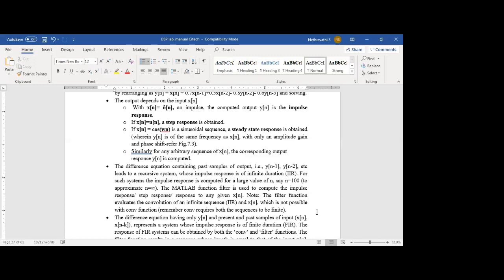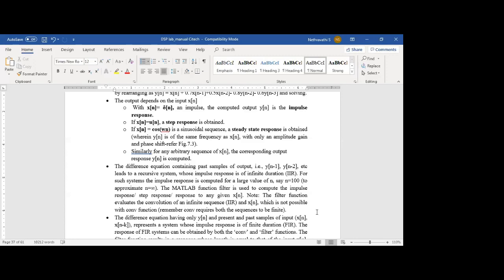This is the one keyword function which you will be using to get the impulse response for the given difference equation. The filter function evaluates the convolution of two different sequences, with respect to x of n and y of n.